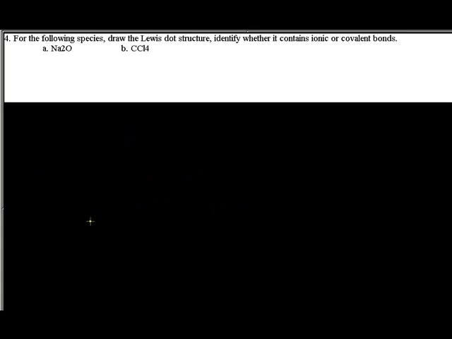Right, here's problem number 4. And in this case, it's going to be asking us to draw a Lewis dot structure. And it's got to let us know what kind of bonding this molecule has. Is it ionic or is it covalent? And so let's begin with writing down the Lewis dot structure for these items.